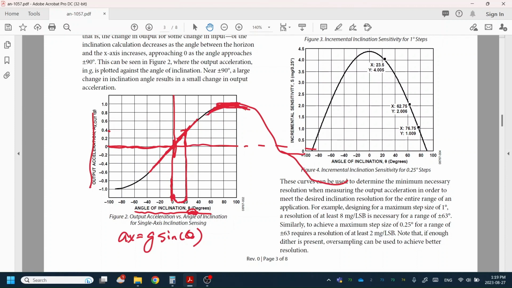That means the sensitivity is lower at 90 degrees or bigger angles here. As we can tell, for example, from 80 degrees to 100 degrees, that's a 20 degree inclination increase, but it only causes very little change in output acceleration.